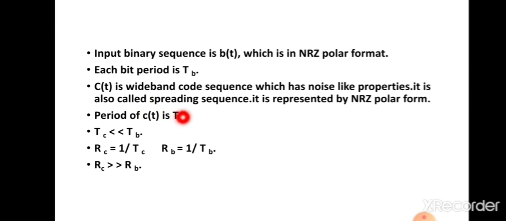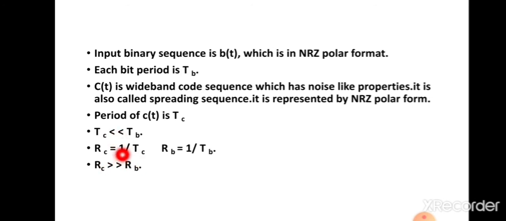Here we choose the period of the PN sequence to be very much less than that of the message sequence, that is TC much less than TB. That means RC is much greater than RB, because RC equals 1 by TC and RB equals 1 by TB. Therefore we can write from this relation RC much greater than RB.